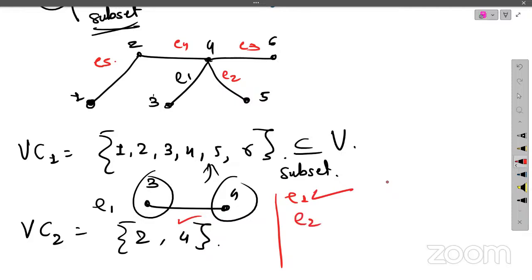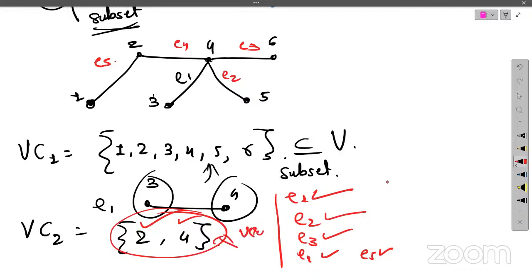E2 has endpoints 4 and 5, and 4 belongs to our subset, so E2 is also covered. E3 has endpoints 4 and 6, so E3 is also covered. Similarly, E4 is covered. E5 has endpoints 2 and 1, and 2 belongs to our subset, so E5 is also covered. So this particular subset is a vertex cover.